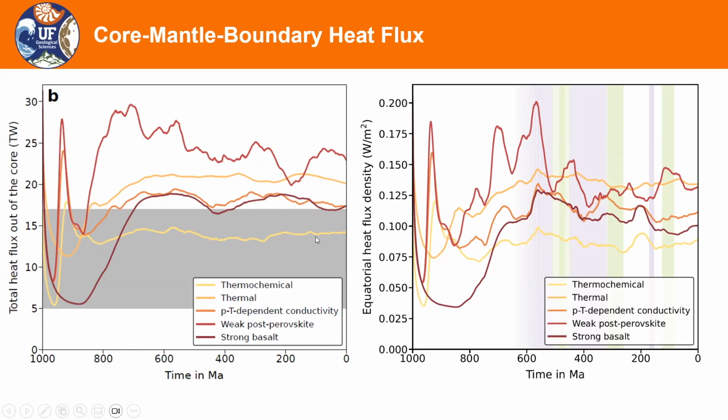Since we want to tie it all to magnetic field observables, we tried a very simple way of doing that, and that is by looking at both the total heat flux out of the core and the equatorial heat flux density, which is just the heat flux in a 30-degree latitude band around the equator. And we compare that to occurrences of superchrons that are shown here in green, and hyperreversing times of the magnetic field shown in purple.